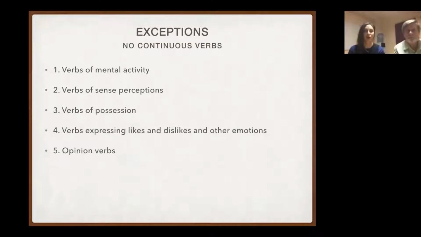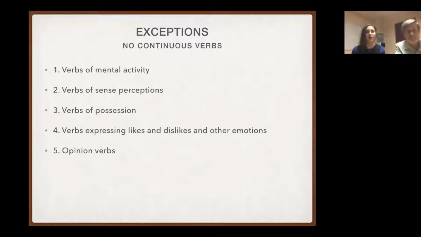Okay, now we have talked about the form and pronunciation, but it's a must to talk about some exceptions. In the English language, there are verbs that are not used in continuous. Basically, it means that even though the action can be in process, just because this is a verb that is not used in continuous, we can't put it in continuous form.